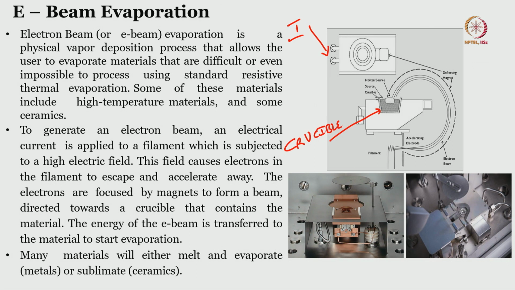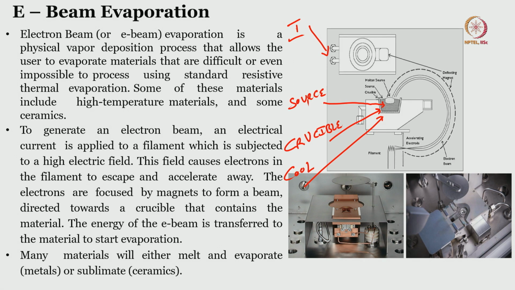Then there is the source. On the back side we cool the crucible, because it gets too heated up.